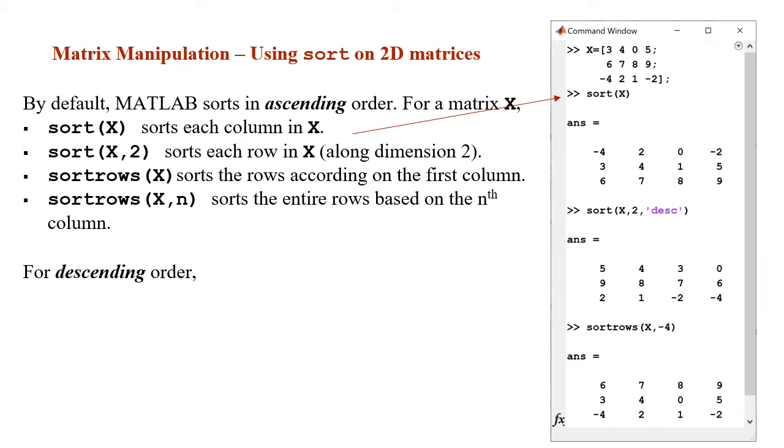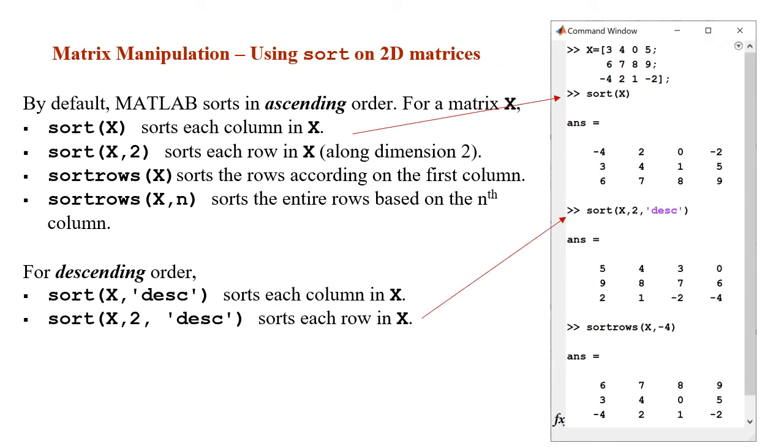If we're interested in sorting a matrix in descending order, we can benefit from what we've learned, but we need to specify the order. So we can say sort x, comma, text stating we want to sort each column in x in descending order as such.